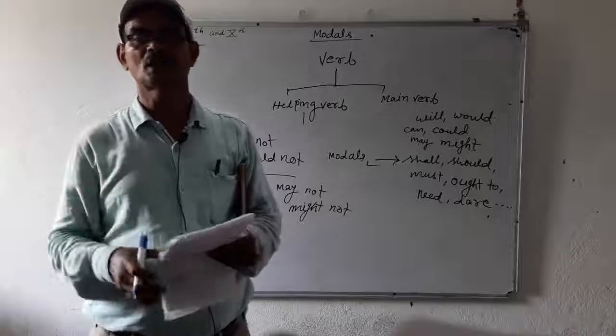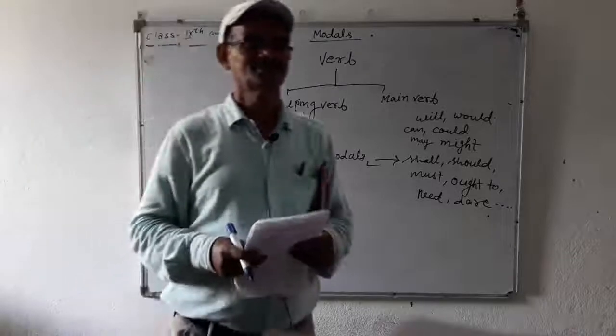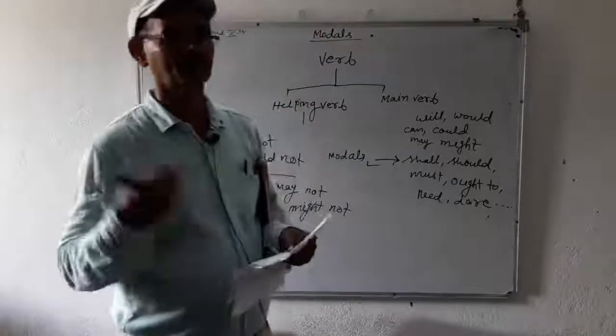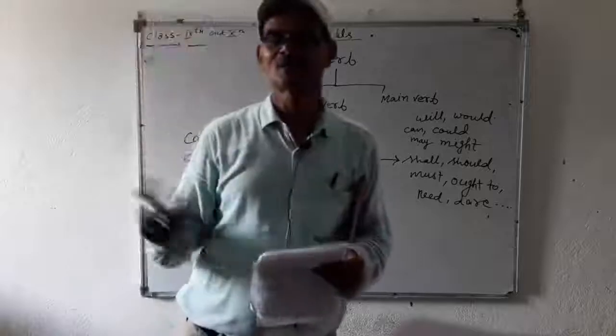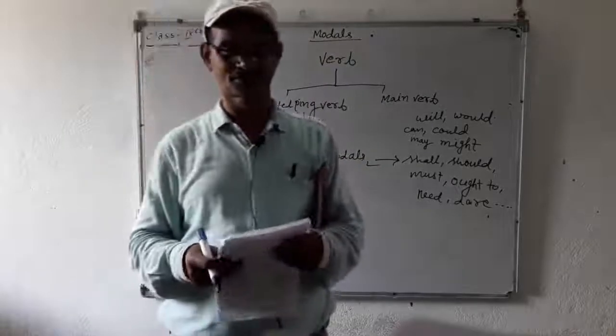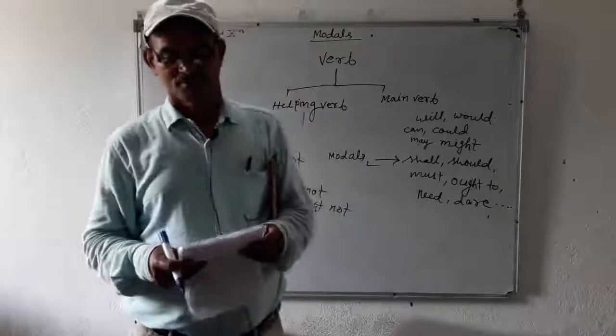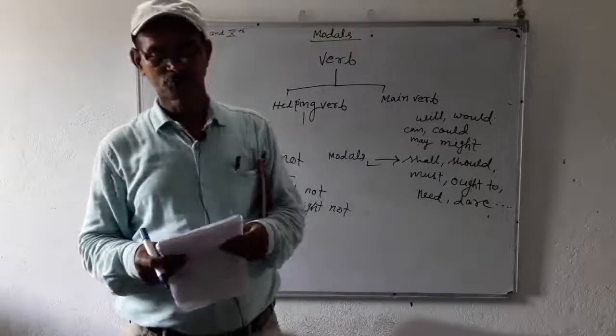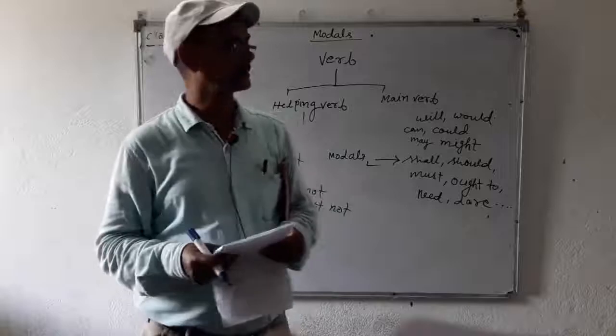May I come in, sir, as you ask in your class. May I drink water? May I go out? And such other requesting sentences are made using may. So it is used for permission.